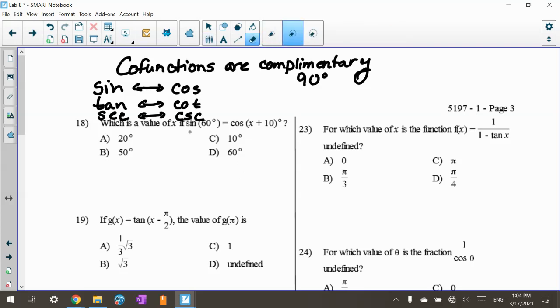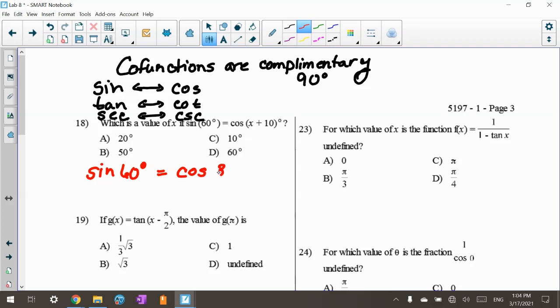It says, what's the value of x if sine of 60 equals the cosine of x plus 10? All I need to know is that, if we remember our table, the sine of 60 degrees is equal to the cosine of 30 degrees because they both add up to 90.